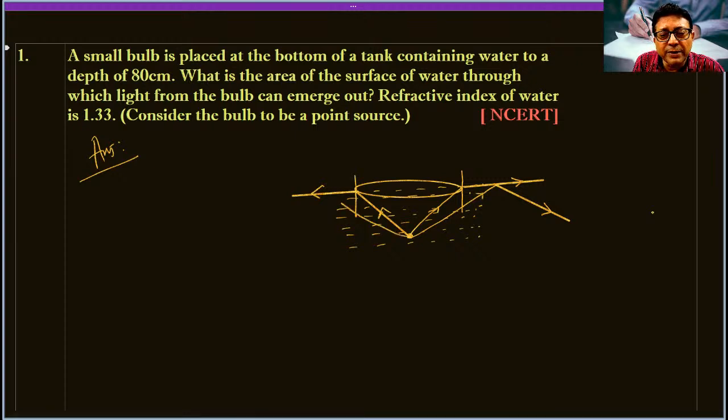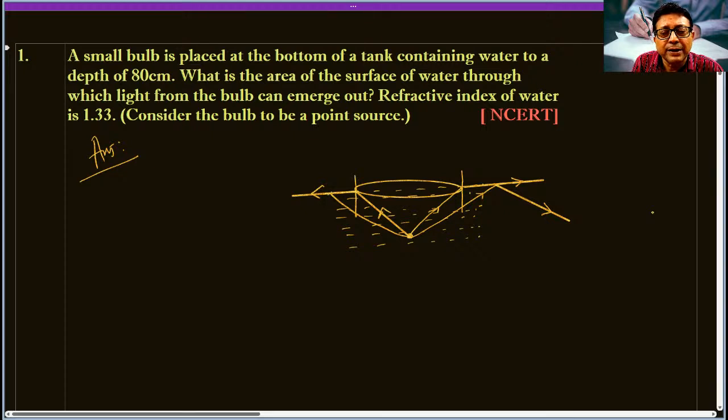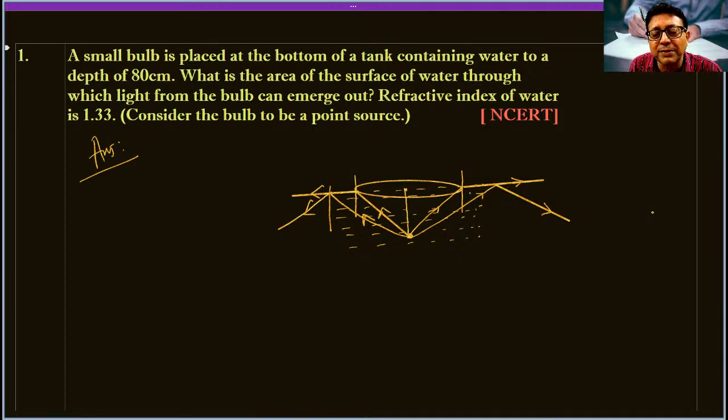So the rays coming from the source will make a circular region. This circular region radius you can write, we have done it in class.